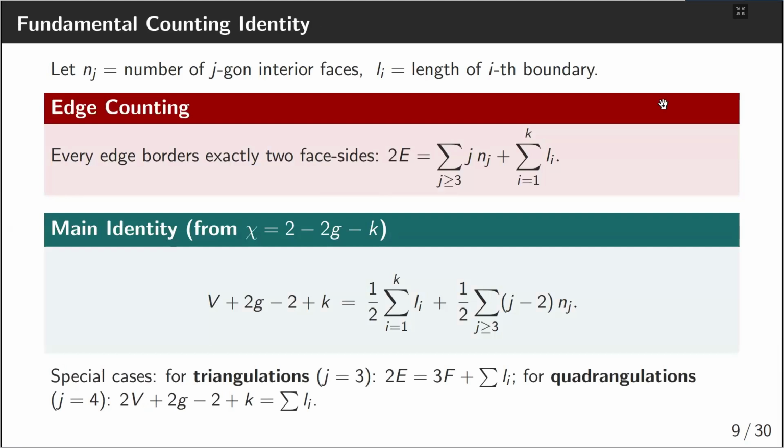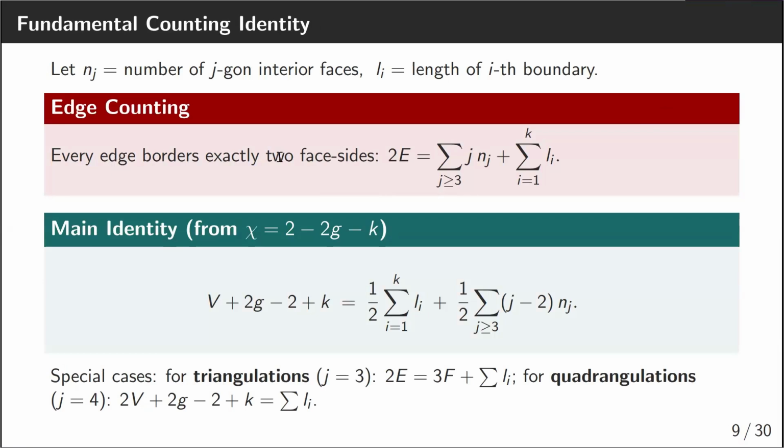So we have edge counting. Let n_j be the number of j-gon interior faces. Let l_i be the length of the ith boundary.